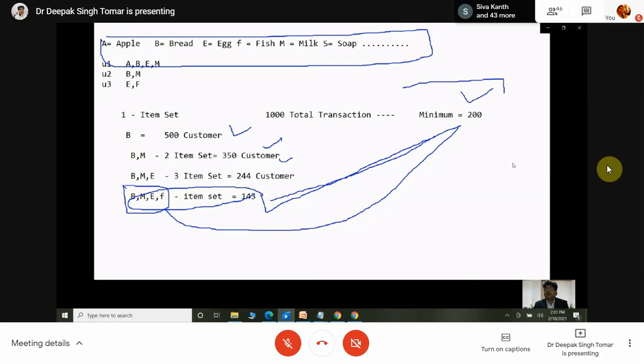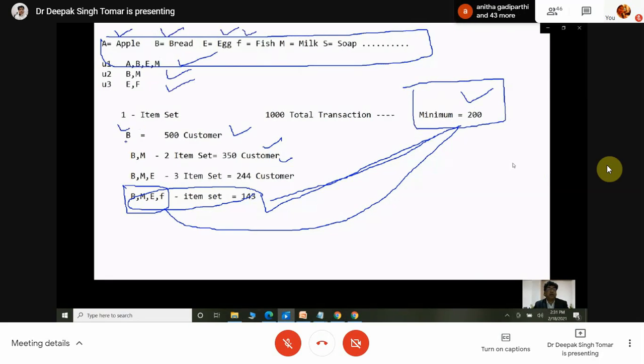This is the basic concept of frequent item set. I hope it is clear. First we represent the item set with certain variables, and then we represent the transaction database that we have already discussed in the earlier database lecture.